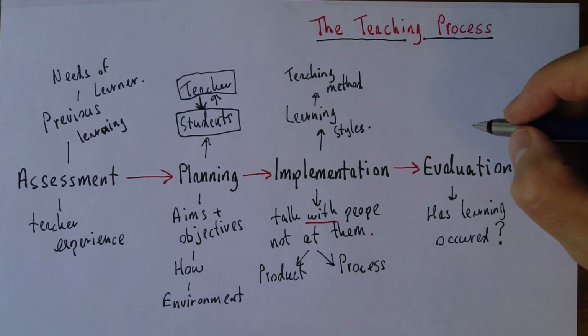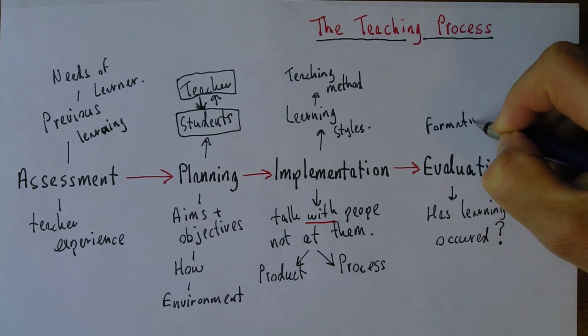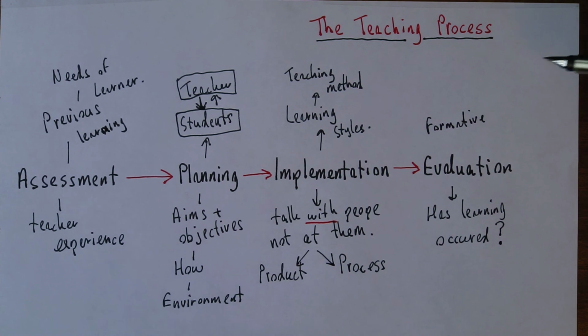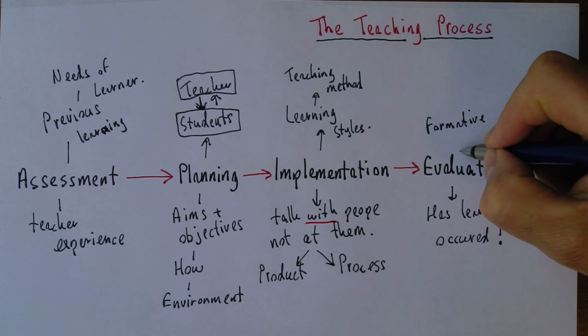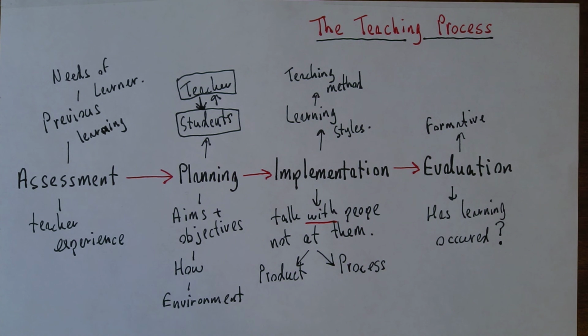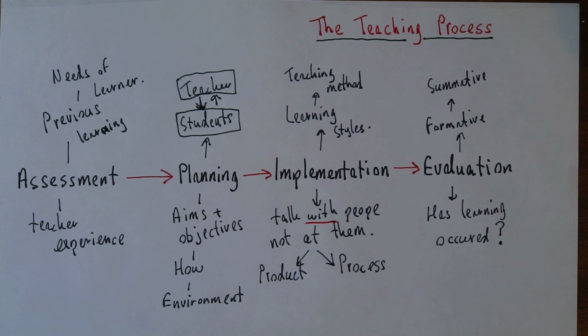And this can be evaluated in a formative way. So formative evaluation or assessment is ongoing. It is not marked, but then later on it can be summative. Summative means there's a formalised examination or a formalised process of assessment. But formative evaluation should be going on all the time. So has learning occurred?